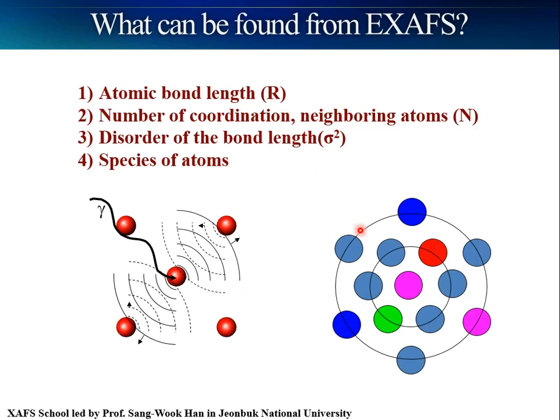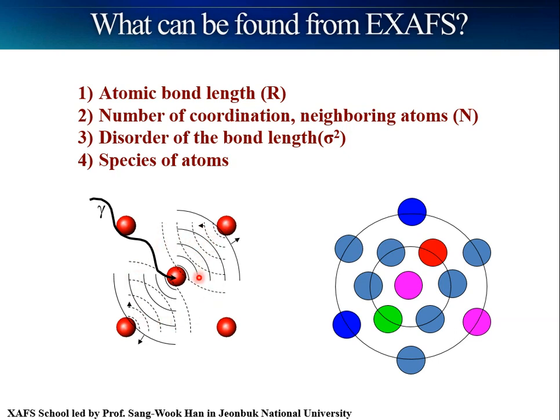What can be found from the EXAFS? The EXAFS is made by the scattering X-ray signal from an observing atom, which is affected by the photoelectron interference wave. As you see, the interference wave, right? Yes, you remember? The interference wave contains the information of local structural properties.